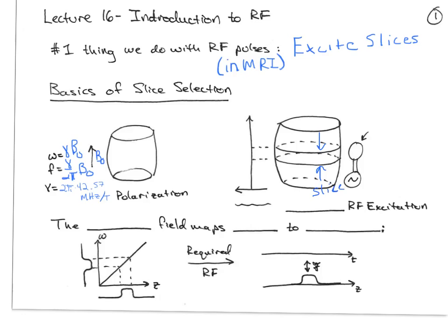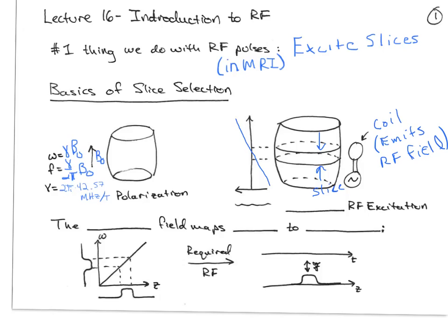We'll use an RF coil that emits an RF field, which is primarily what we care about, the magnetic field emitted by this coil, and we play it out simultaneously with the gradient. We're going to turn both of these on at the same time.